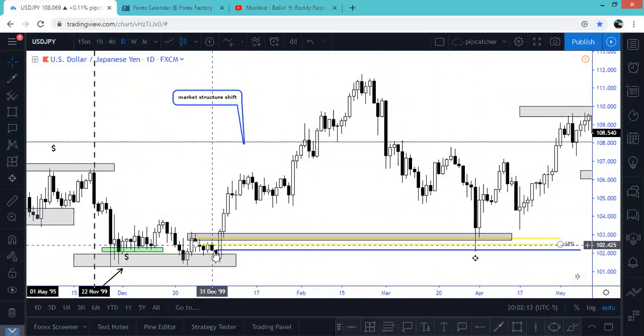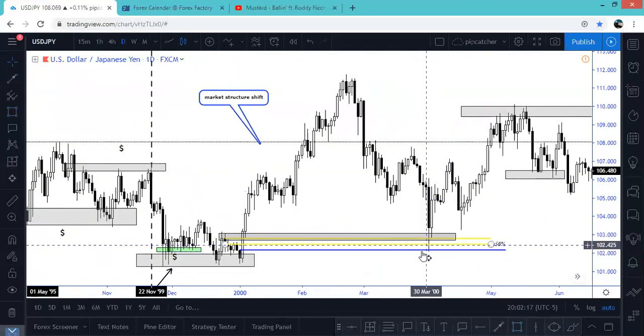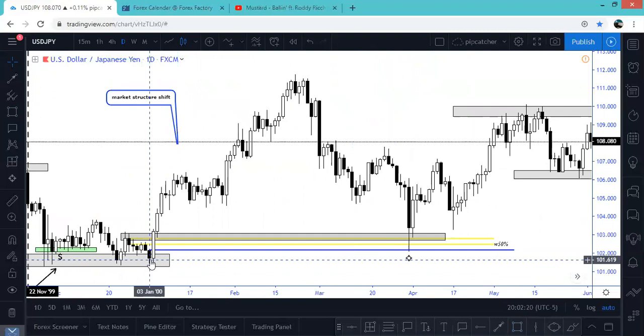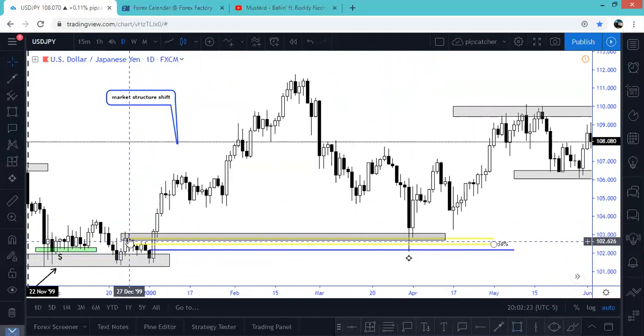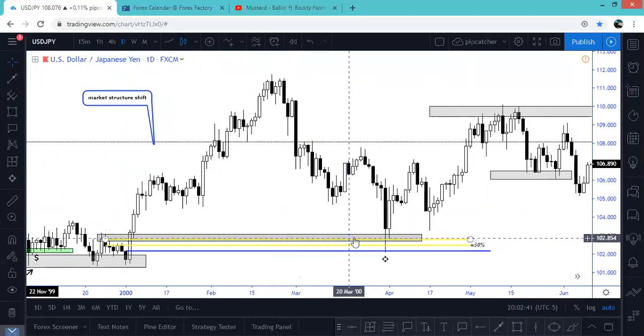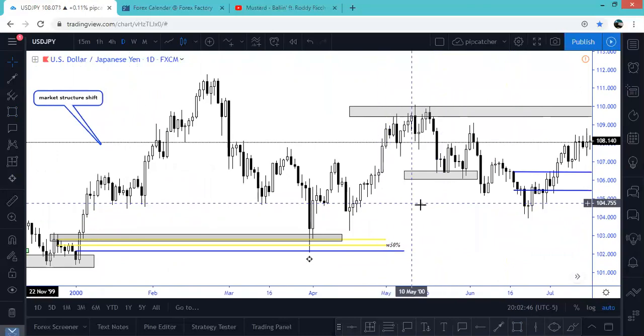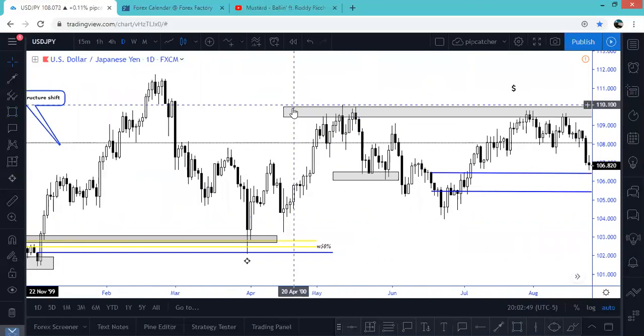So you have many confirmations right here of why you should take this buy, okay? Engulfing on the daily, engulfing on the weekly, a low that got broken, that got violated, an up candle in the recent swing high prior to these lows getting broken, multiple confirmations of why you should take this trade, right?